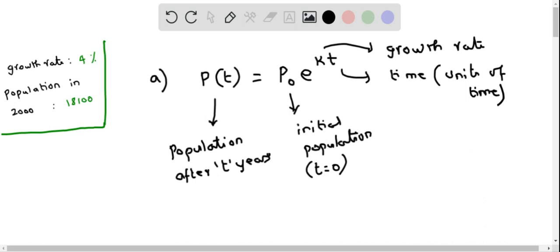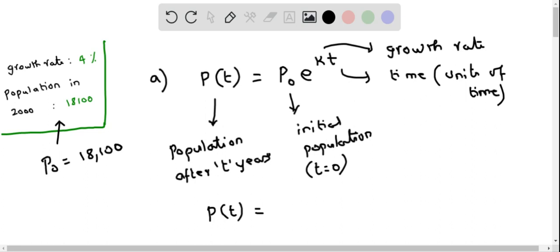So let's plug in the information which is given in this question to write down the population model. So I write P of t, and this equals, we have to identify P naught, which is the population when t equals 0. So when t equals 0, P naught equals 18,100.